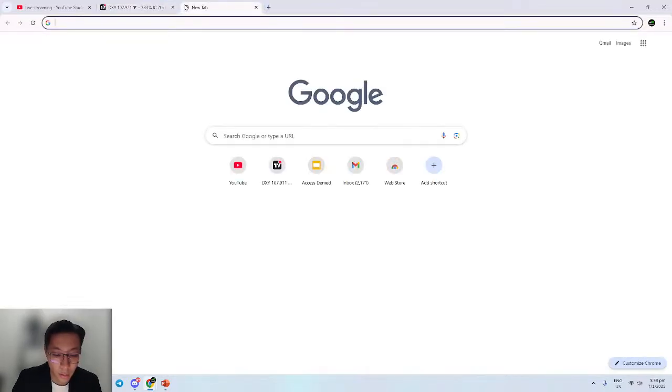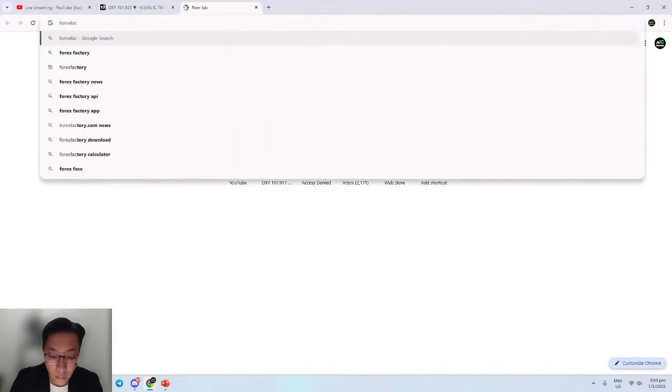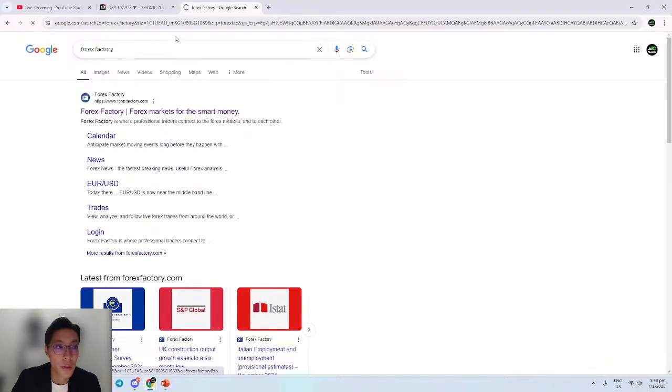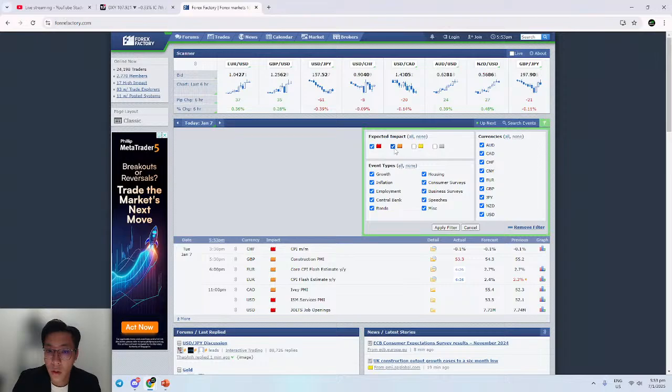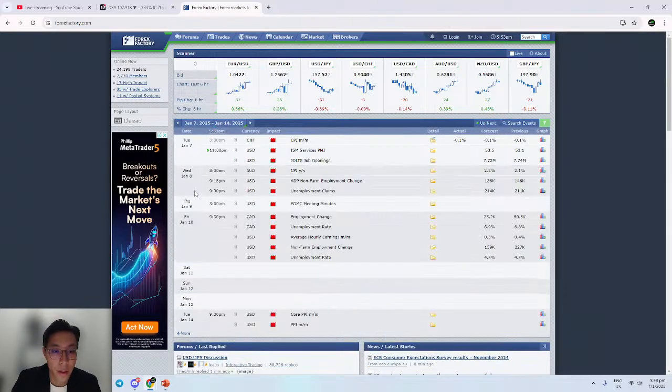Oh yes, wait, Forex Factory. Let me just go through Forex Factory a little bit. The first step is you go to Forex Factory, mark out the high impact news, apply filter, and then look at all these news over here. Through experience, you'll know that these two will not affect the markets that much.